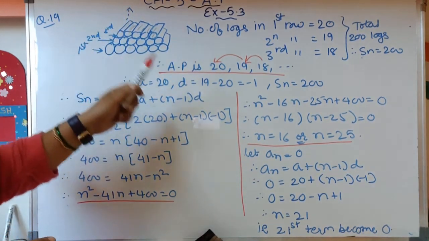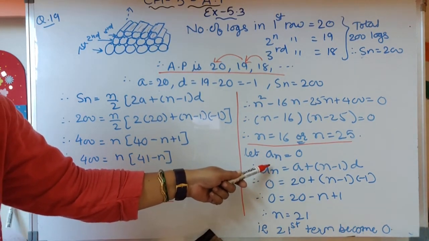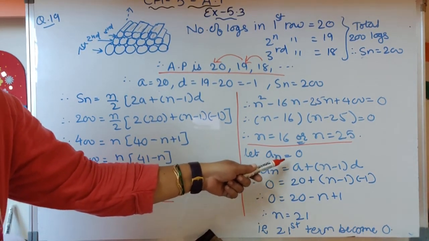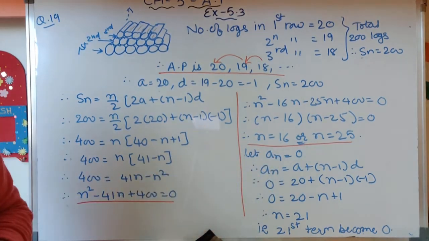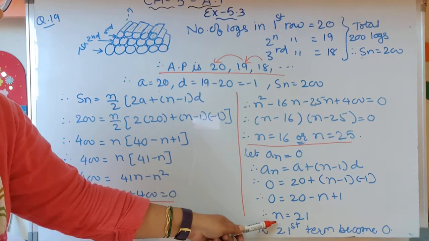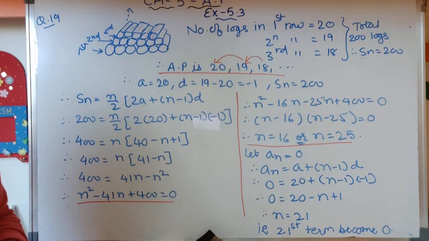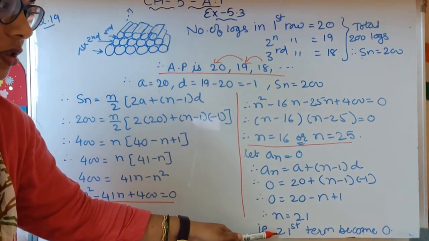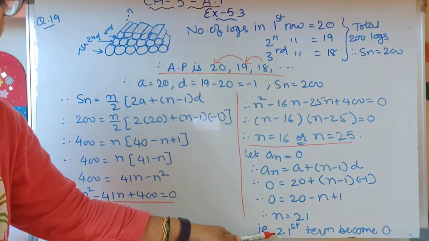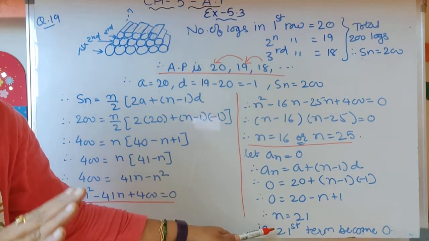As the last term is denoted as an or L, here we assume that L is equal to 0, or an is equal to 0, and after substituting the values of A and D, we find that n is equal to 21. It means in the 21st term or row, it becomes 0. It means there are no logs in the 21st row.